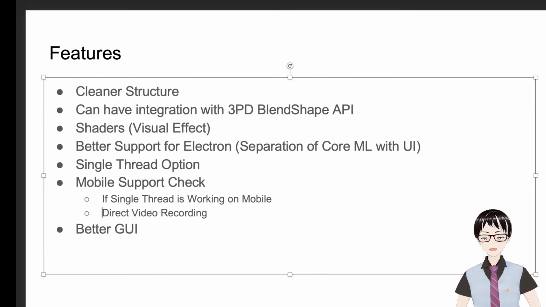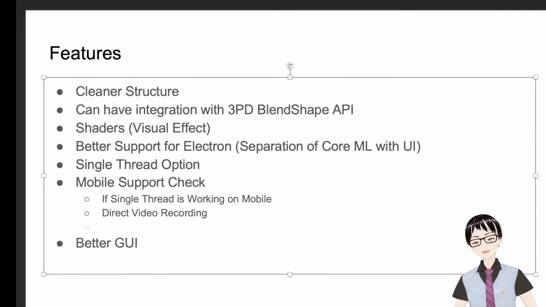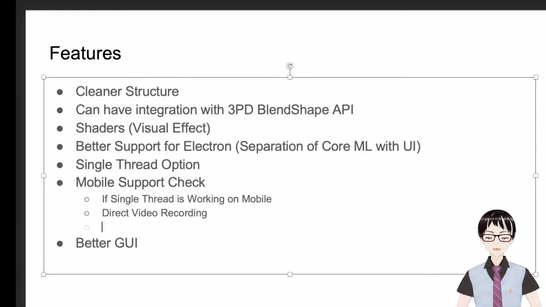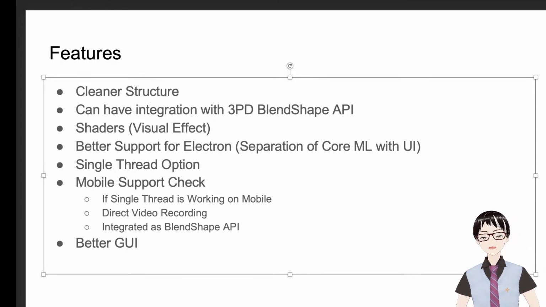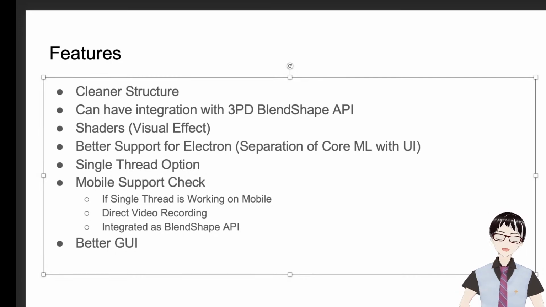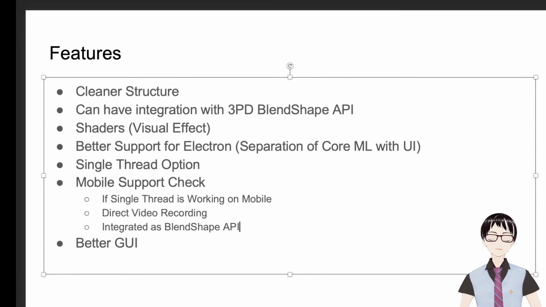Direct video recording or integrated as 3PD, as blend shape API. Right. So let's just put it very late, at the bottom of the to-do list. I don't think we will do it, but put it here. Cool. Other ideas? Nice. I think that's good enough.